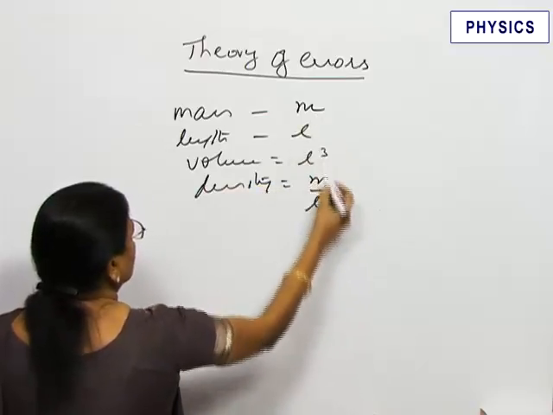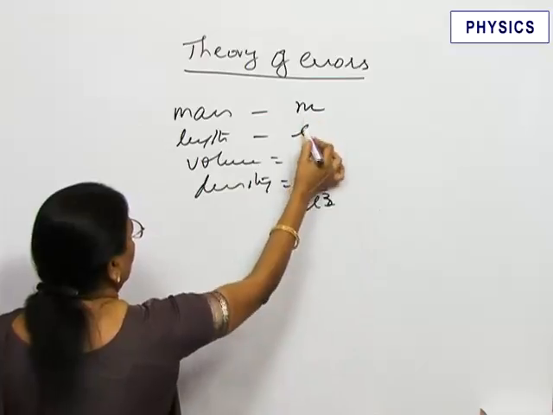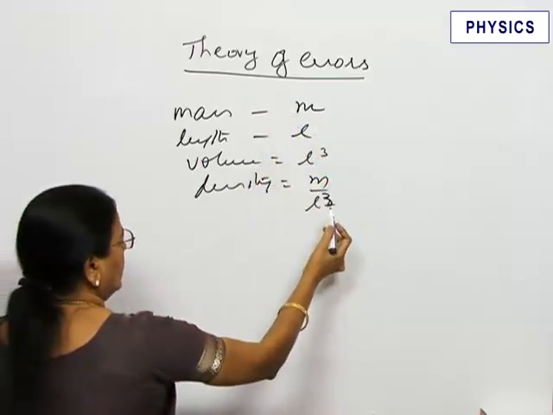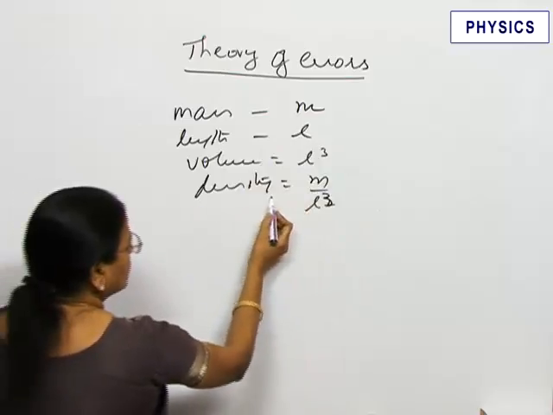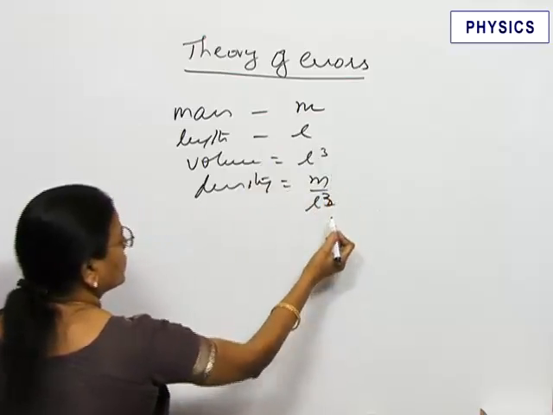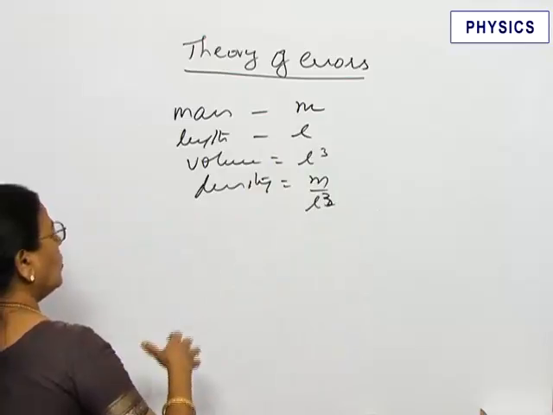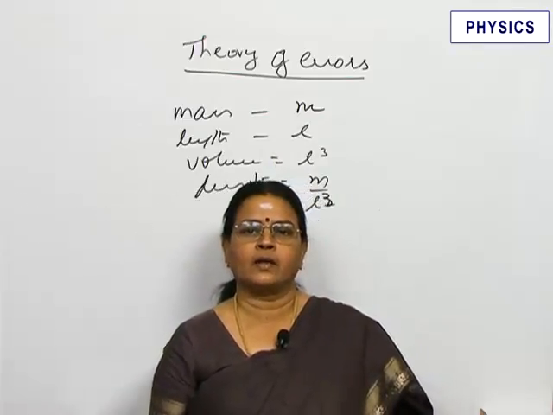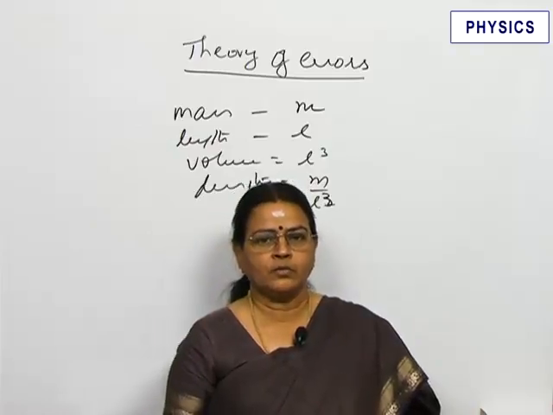So look, you have got measurements for m and L. So there is some error in m, there is error in L. Okay, what formula are we using? Density equal to m by L cube. Now you should know how the errors propagate or how the errors combine when you use them in the formula.